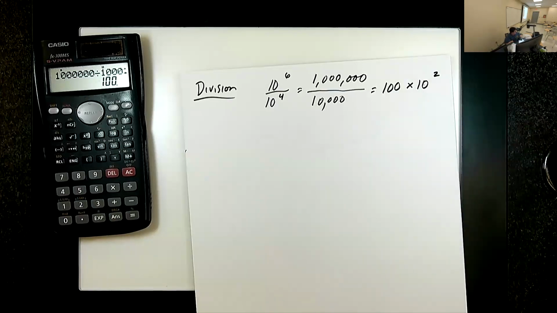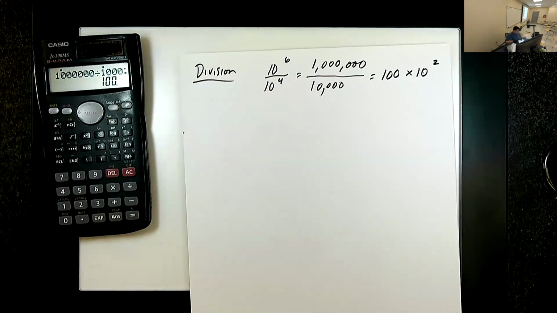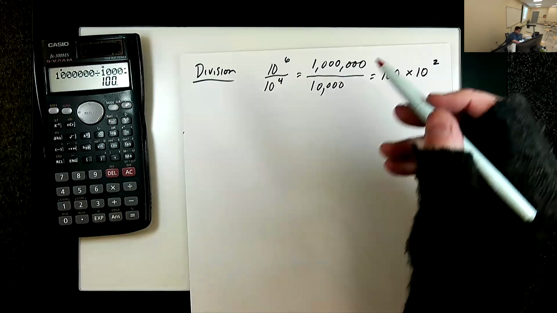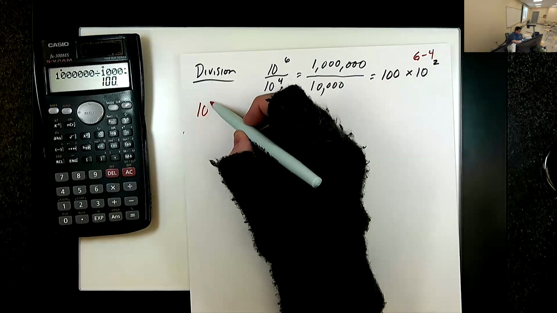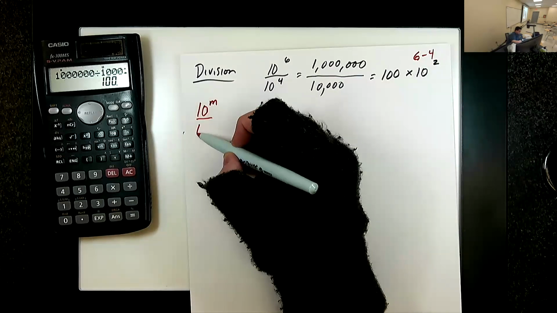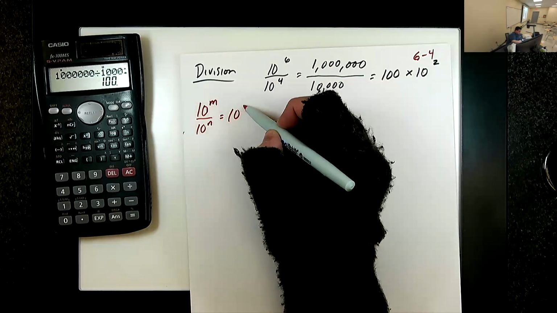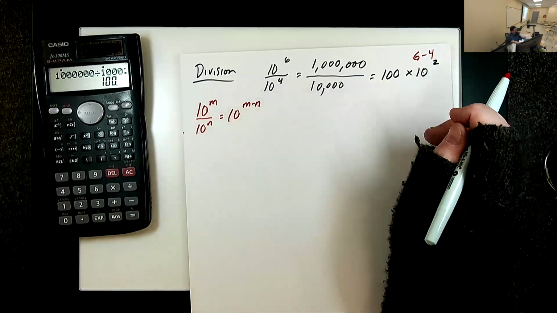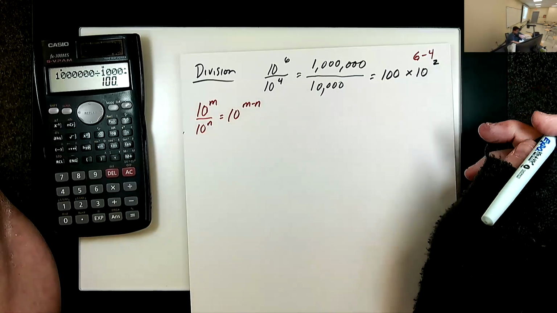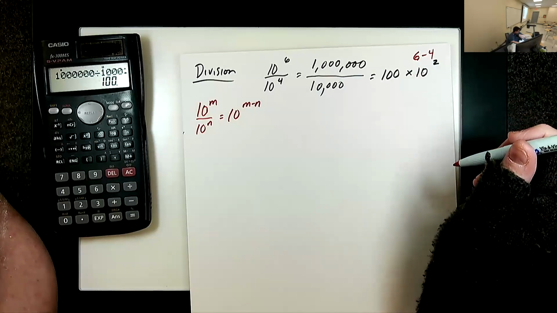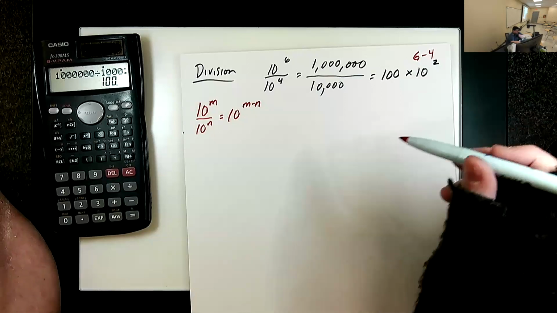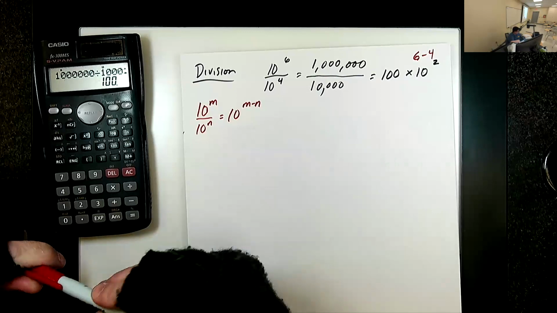And if so, what is it? Subtraction. It's subtraction, right? 2 is 6 minus 4. So the rule here is 10 to the m power over 10 to the n power is going to become 10 to the m minus n. We're going to use that in a second.